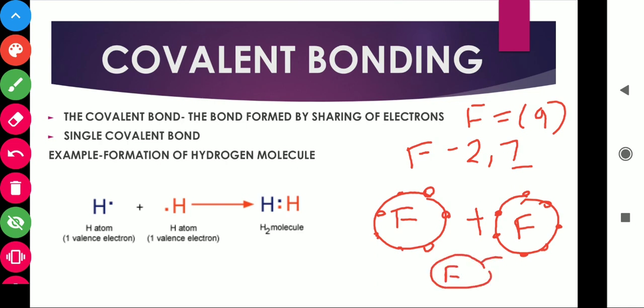How? 1 and 1. These are the remaining 6, 1, 2, 3, 4, 5, 6. And you can count here, 8 electrons will be there. On this circle we draw 7 and here also 7. How will we represent it?